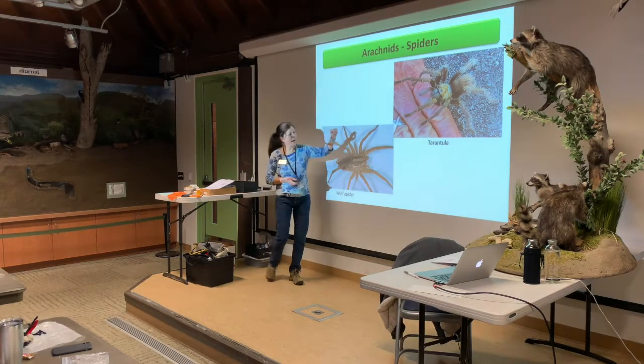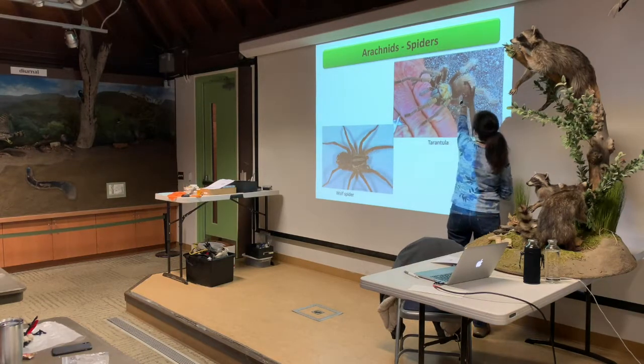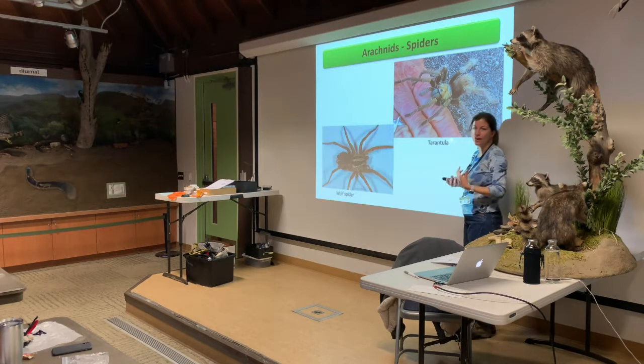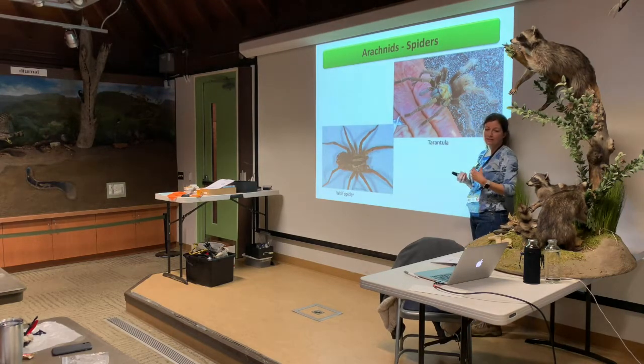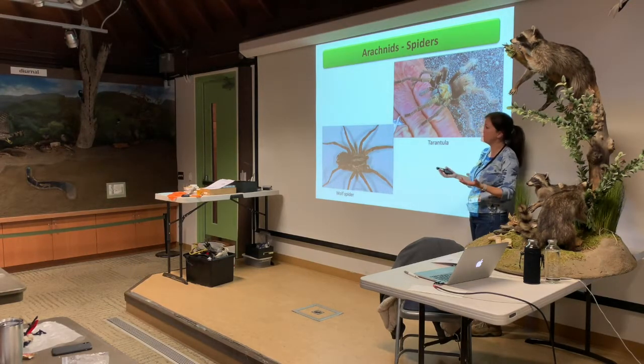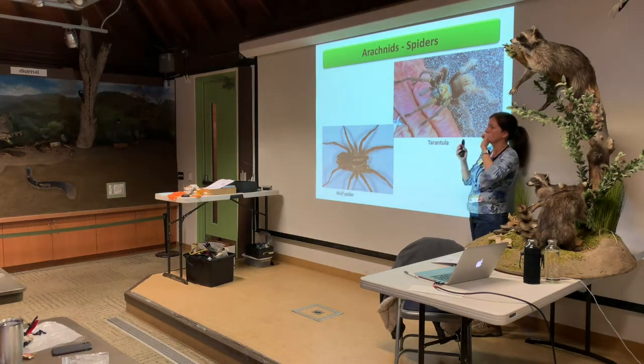Tarantulas also have these irritating hairs on the back, and you can tell whether a tarantula is suffering from a little bit of an anxiety disorder by how bald that abdomen is. Sometimes in captivity, you'll get tarantulas who are just bald. They're just like, everything in my way, I'm just shooting those out.